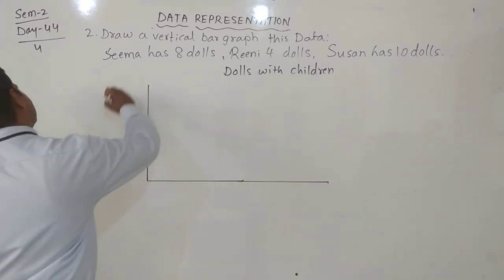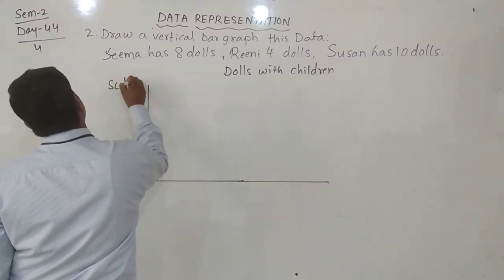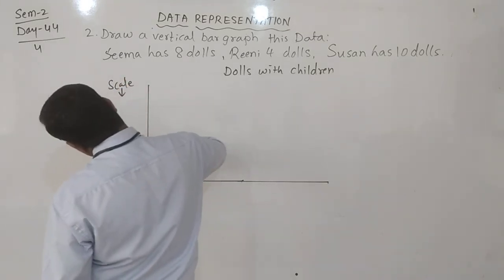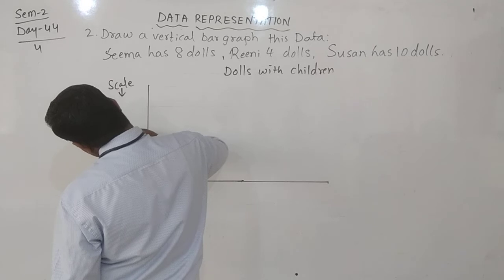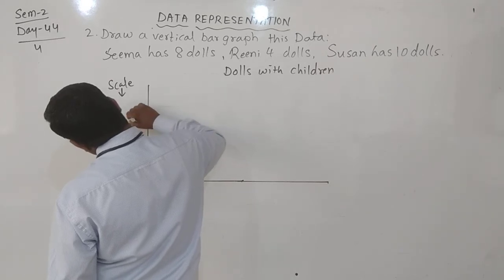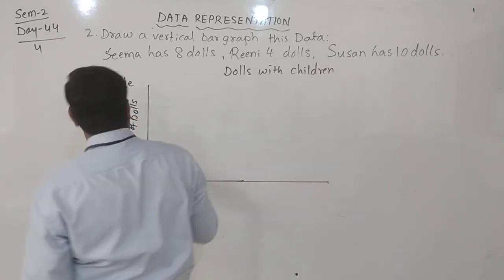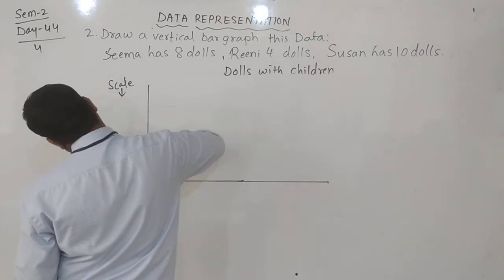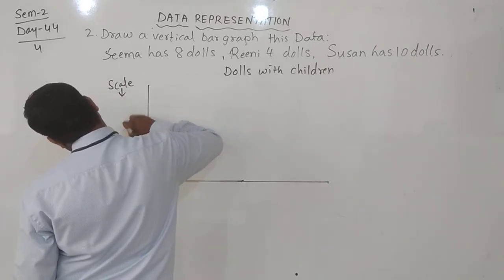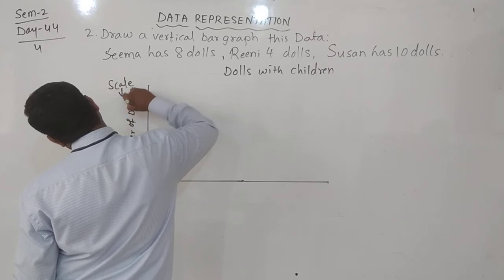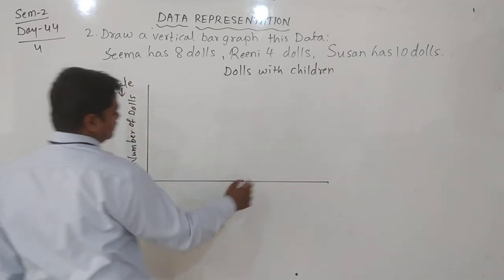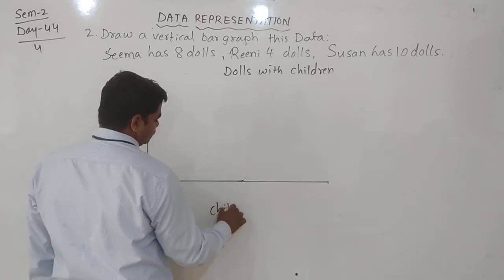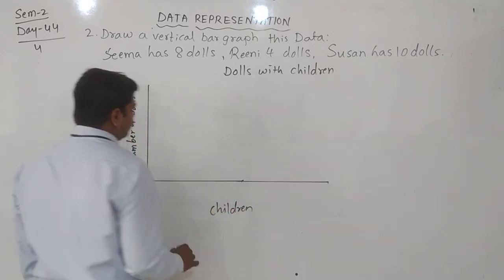Here the scale. What is the scale? Number of dolls. Here we can write children. Who is first?